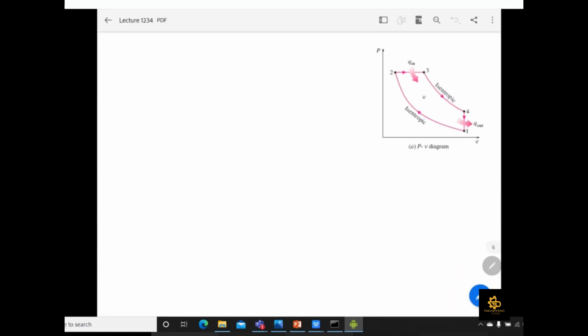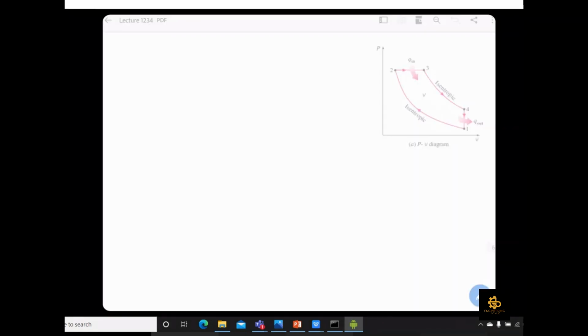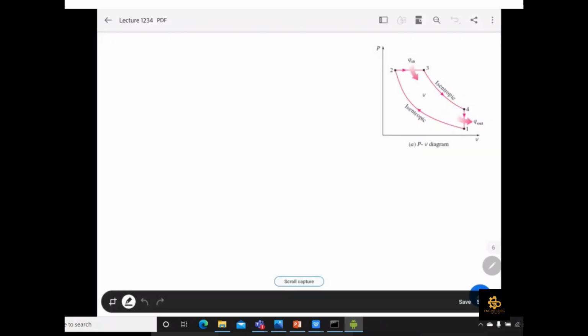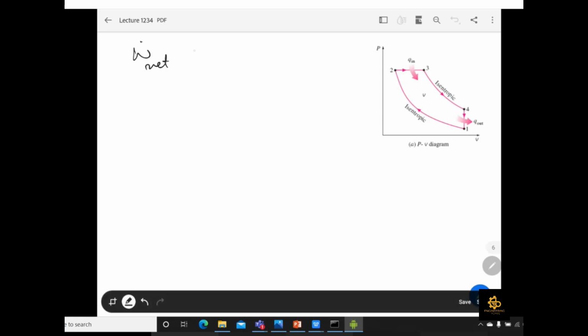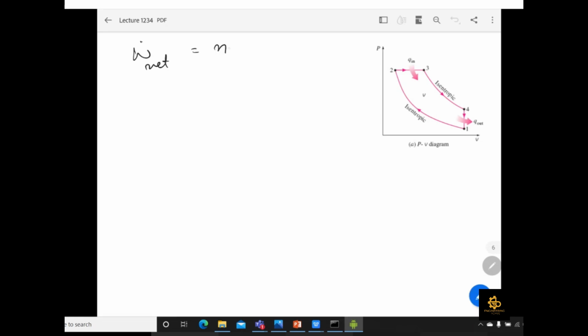Again, you have to just correlate with the PV diagram of the diesel cycle. In order to find the power, W dot net, is equal to R N W net out.